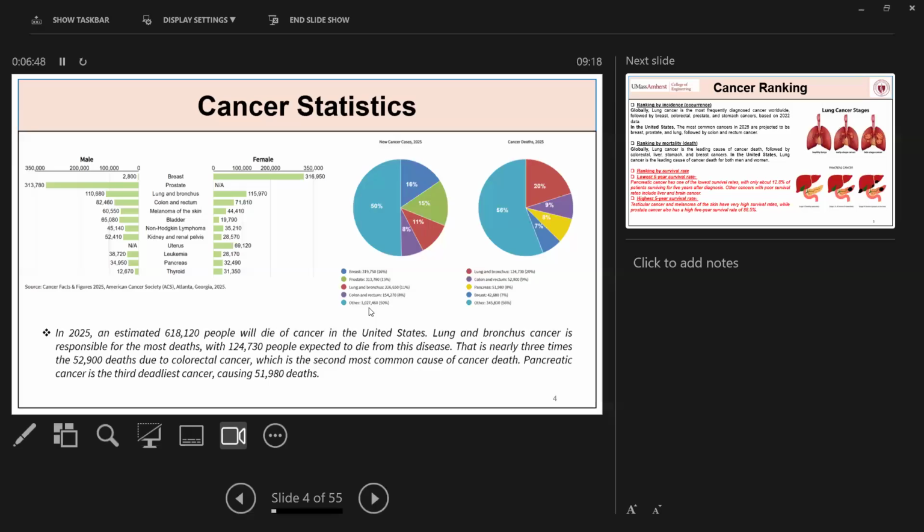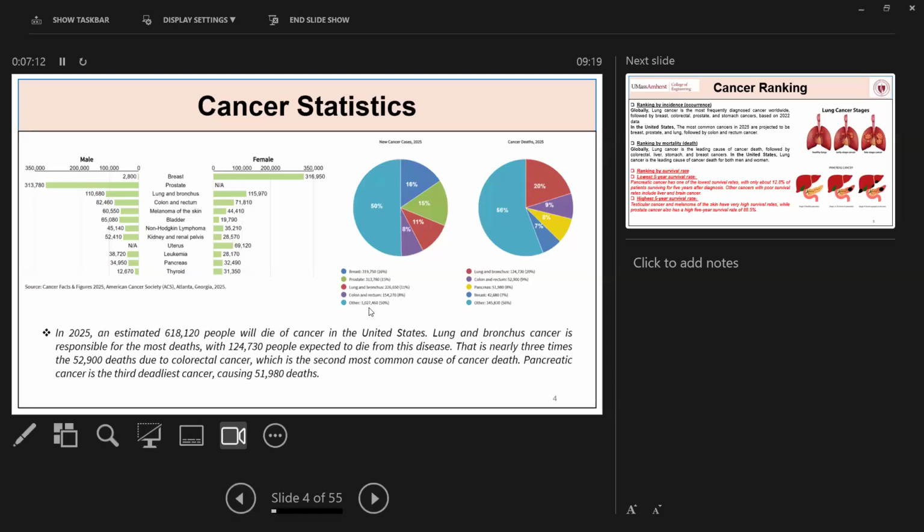Yeah. So this slide mainly represents the statistics of cancer worldwide and most focused on the United States, as I stay here now and do a lot of research. As you see, in 2025, an estimated 618,000 people will die of cancer in the United States.